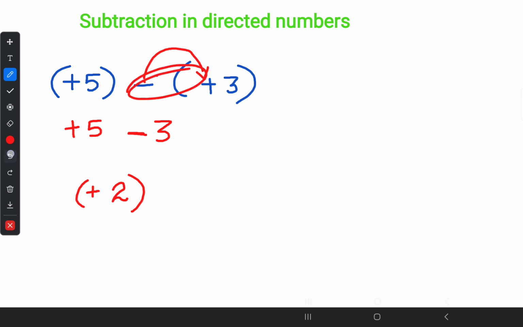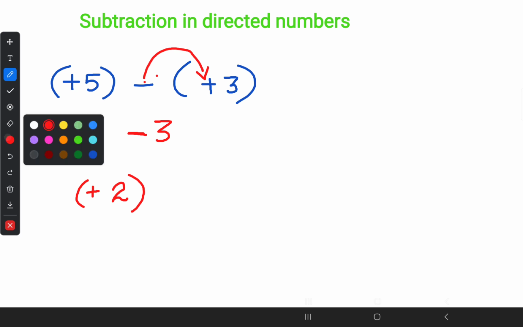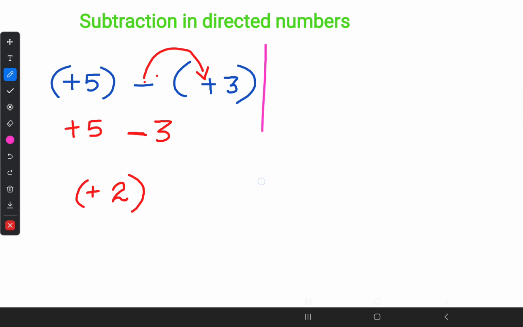Here there is an addition and subtraction relationship. This is positive, this is negative, so both of them are not friends. They are enemies, so we need to subtract the values. 5 minus 3 is 2. The higher number 5 is holding positive, so the answer will be positive 2.